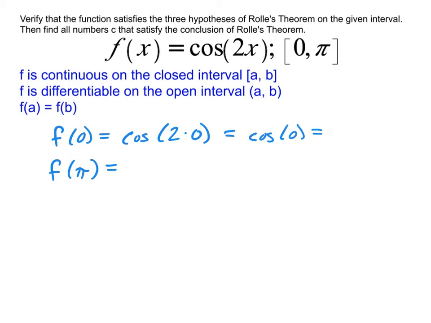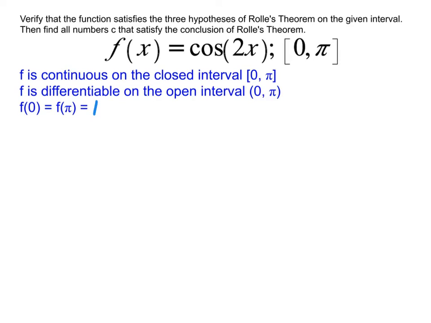And cosine of 0, yes, you should know that from your unit circle, is going to give us 1. All right, then f of pi means we're going to be doing cosine of 2 times pi, which of course is cosine of 2 pi. Well, 2 pi is coterminal on our circle with 0, so it would have the same value of 1. So yes, f of a does equal f of b.